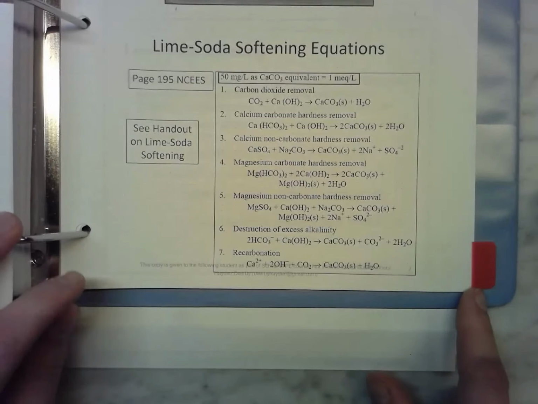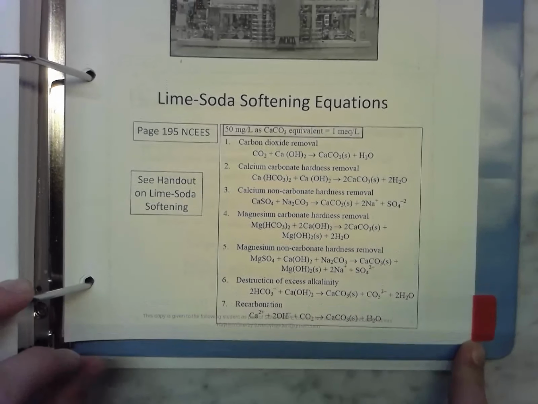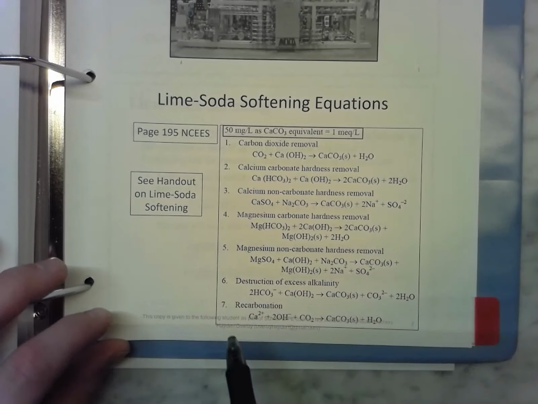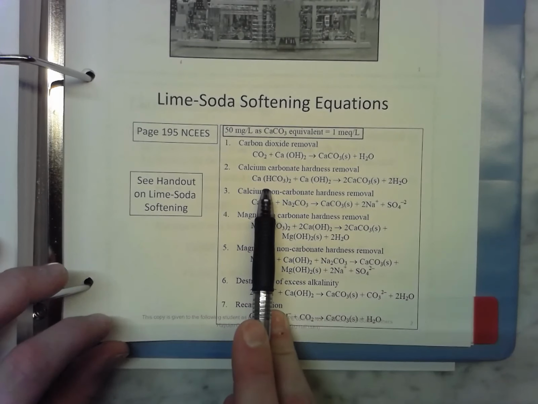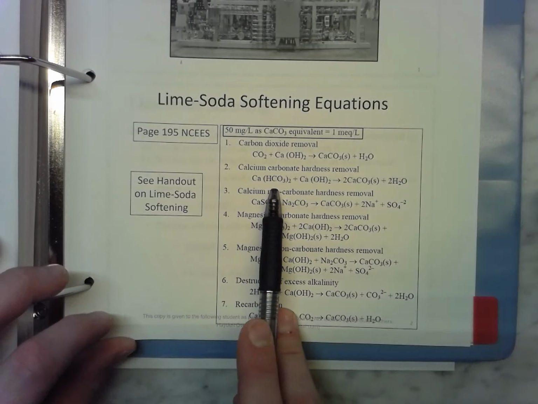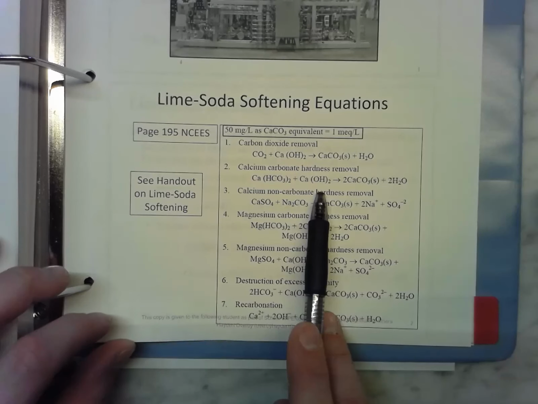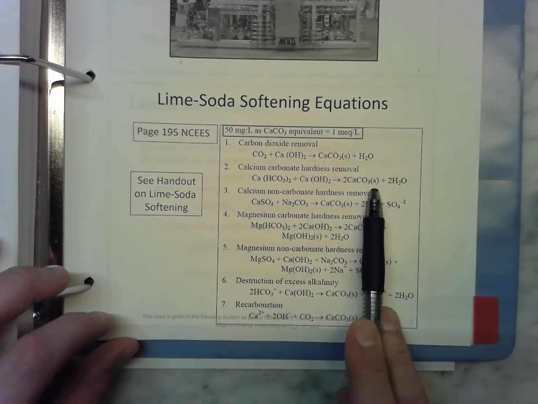And so basically what happens is you've got these things in there, like this calcium carbonate here, okay, and you need to get it out of there, so you're adding the lime to it, and note this, what's it do?